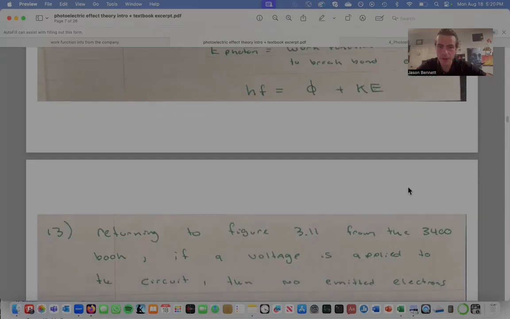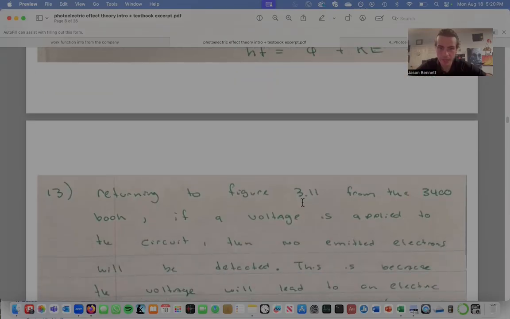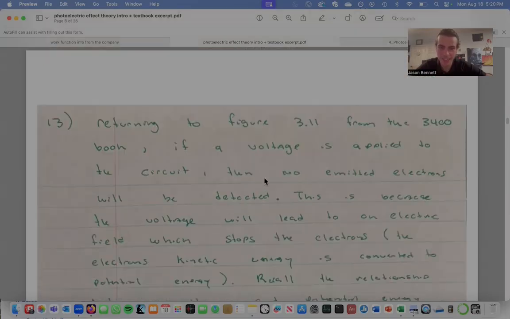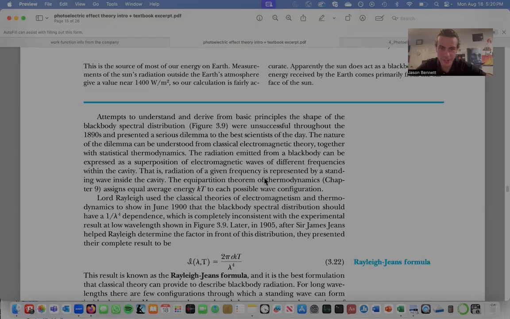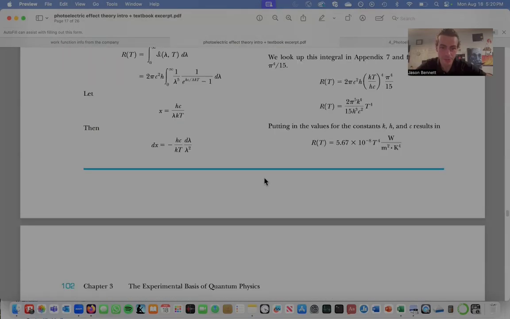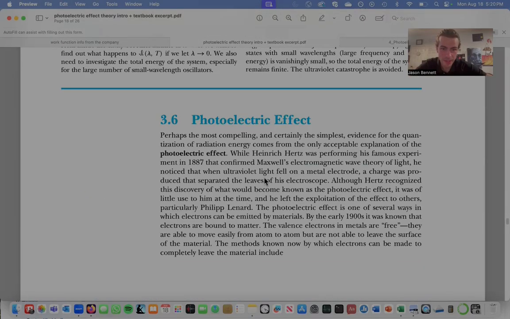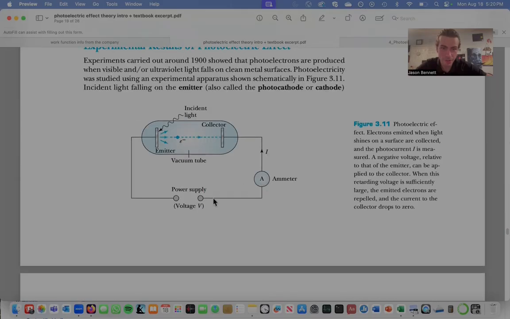Okay, so now once we start actually needing this figure here, the way the experiment runs is by applying a voltage. If you apply a strong enough voltage, this is just connected to one end of the potential difference, another end of the potential difference, you can create an electric field in here.